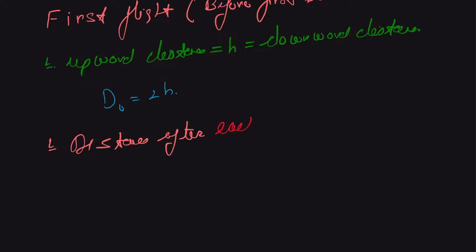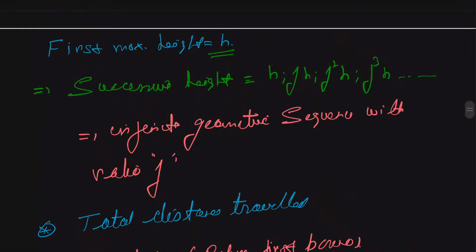So we can generalize the formula which we have already written here. We are going to segregate it into two parts. We are just going to ignore our first part, and we are going to generalize the entire formula for the successive heights, that is fh, f square h, f cube h, and so on.